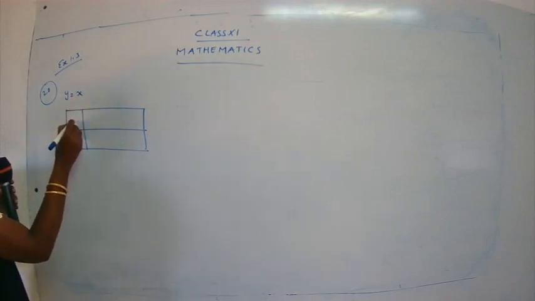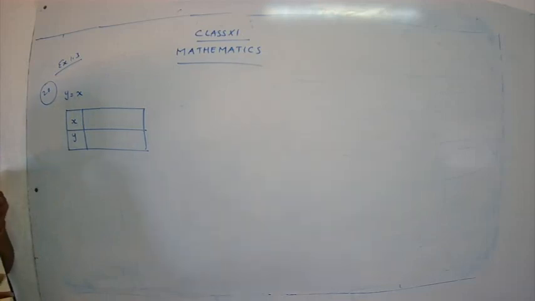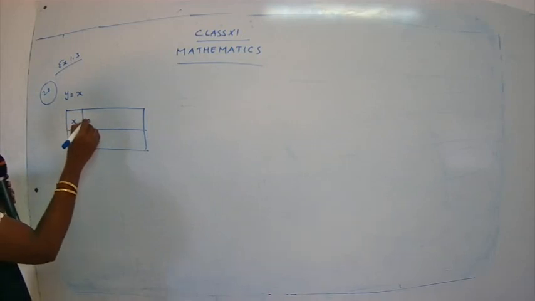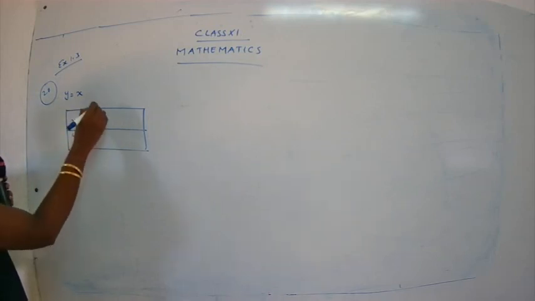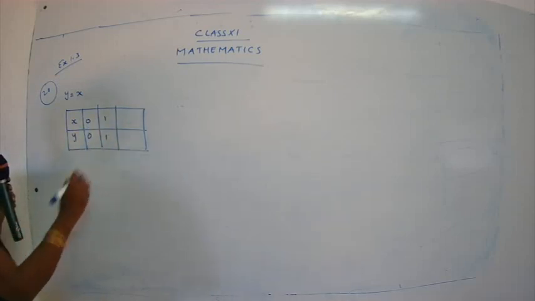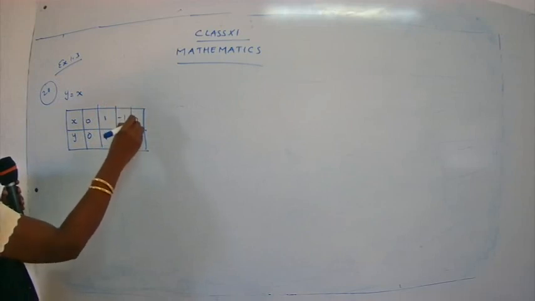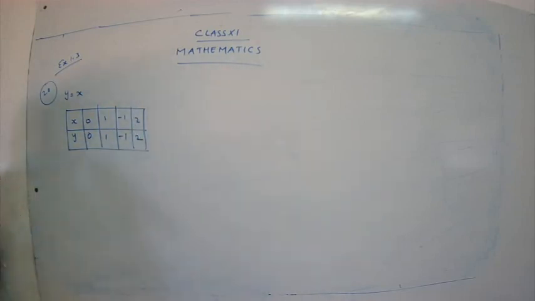So x, y. If I take x and y is equal to x, means what, children? Same value. Whatever value you are going to take, it is going to be the same. If I take x as 0, y will be 0. If I take x as 1, y will be 1. If I take x as minus 1, minus 1. If I take x as 2, y is also 2.